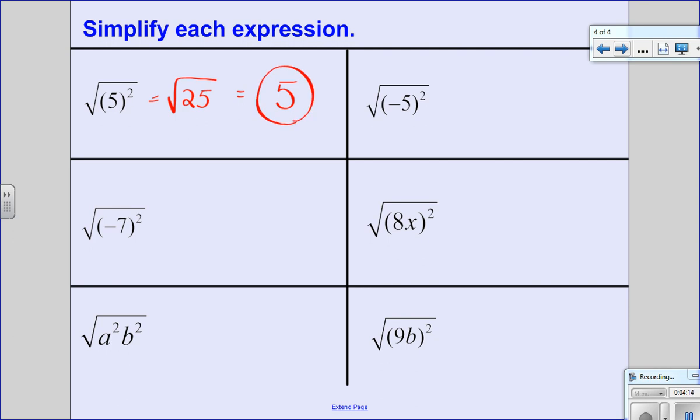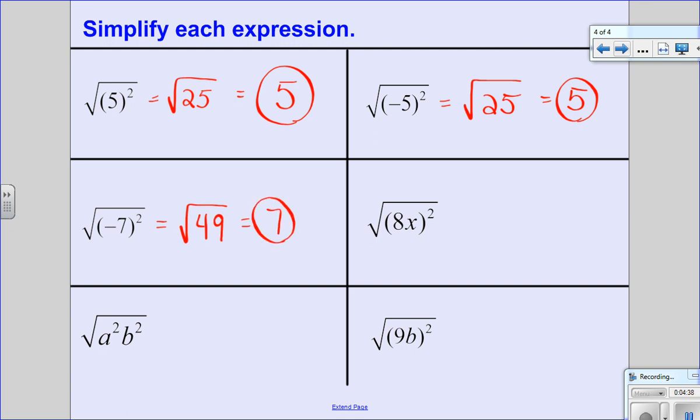In the example on the top right, we again do order of operations. Negative 5 squared is positive 25, which equals 5 again. And our next example, order of operations, negative 7 squared is positive 49. Square root of 49 is positive 7.